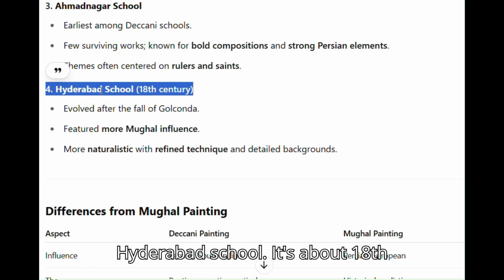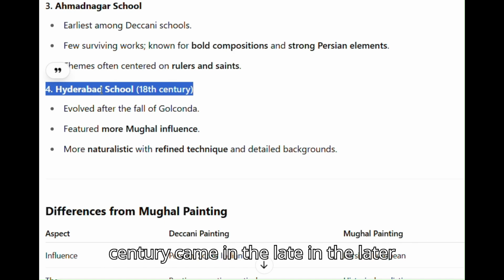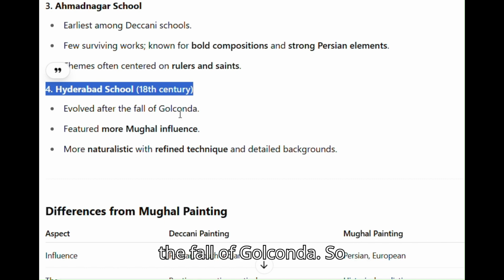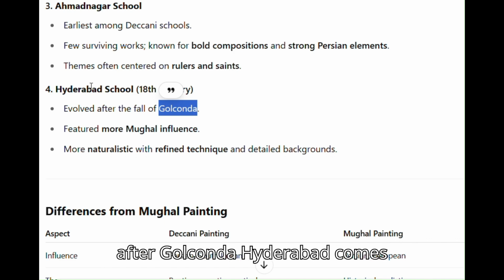Next comes the Hyderabad school. It's from the 18th century. It came in the later period, after the fall of Golconda. So after Golconda, Hyderabad comes.